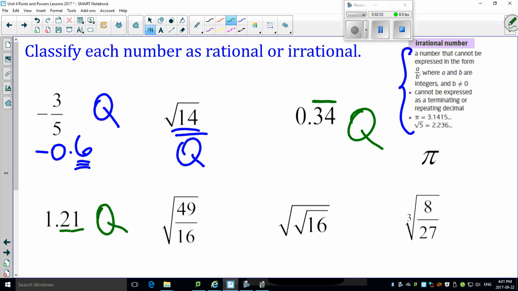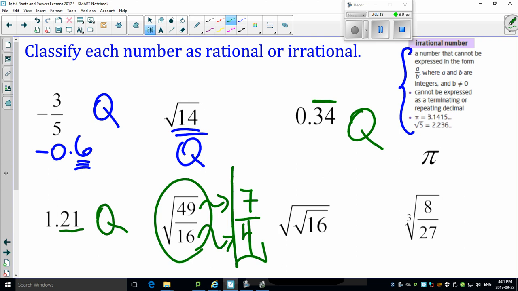But how about something like this? That looks like it's set up for an irrational, isn't it? But think about this. What is the square root of 49? The square root of 49 is 7. What is the square root of 16? The square root of 16 is 4. Guess what? That's a fraction. That's a Q. But how about something like this? There's 2 square roots.